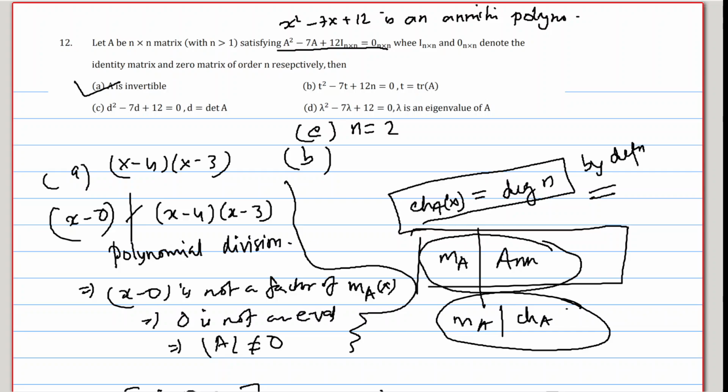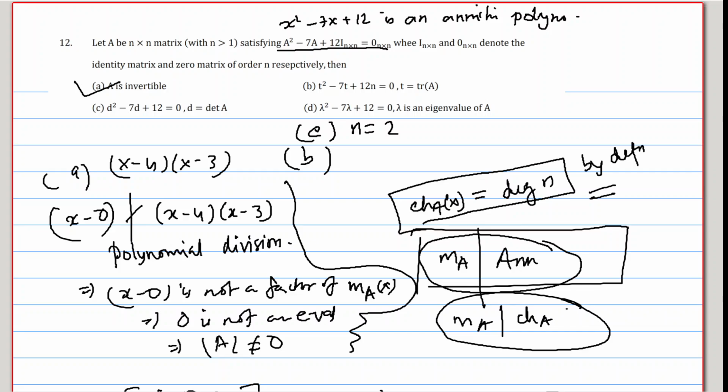There is actually no such result that the characteristic polynomial divides the annihilating polynomial. The result is that the minimal polynomial divides an annihilating polynomial, and the characteristic polynomial is one particular example of an annihilating polynomial. Correct.